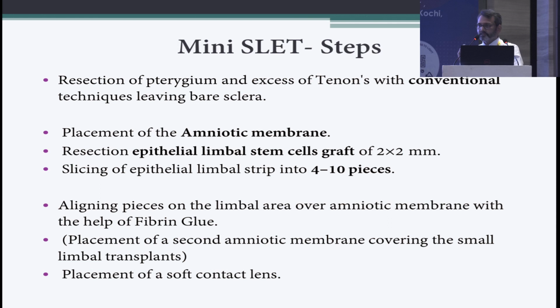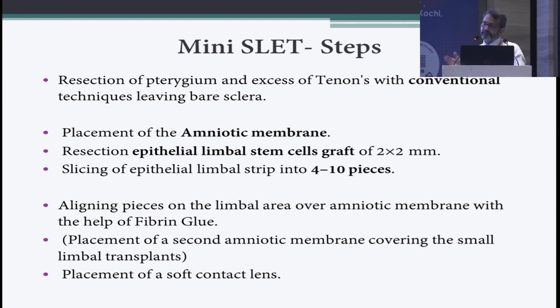And what we do is we slice the epithelial limbal strip into 4 to 10 pieces. That small 1 clock hour limbal stem cell area is sliced into smaller pieces, and then we align those pieces around the limbus over the amniotic membrane that is covering the exposed bare sclera, with the help of fibrin glue.